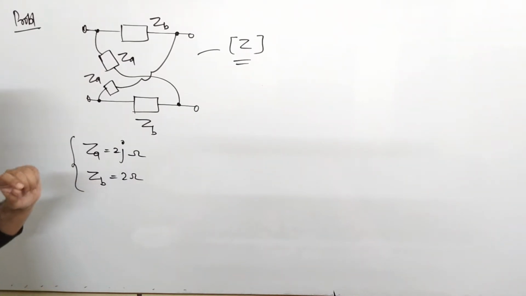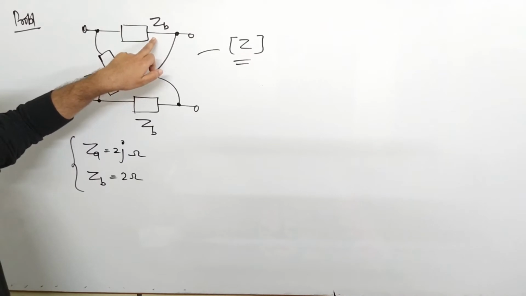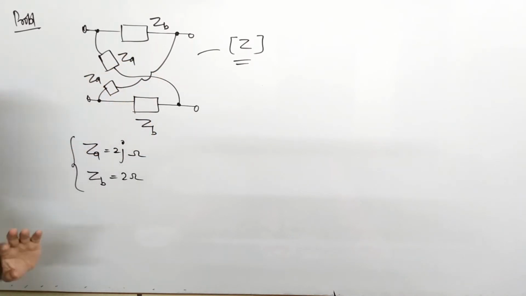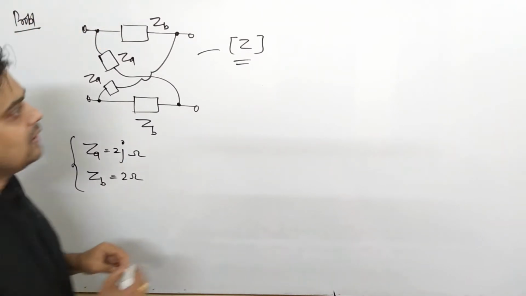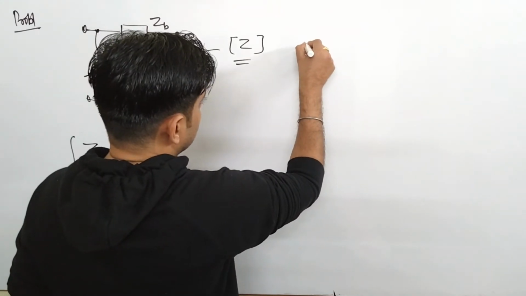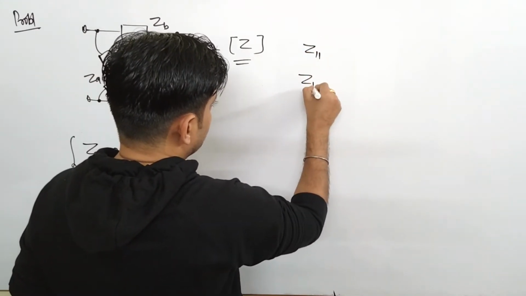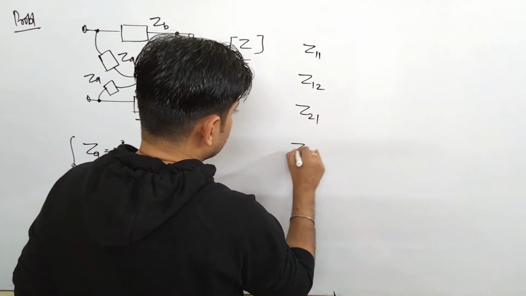And a very important thing: the impedances mentioned here are ZB and here it is ZA. We have taken in our previous session this impedance as ZA and this as ZB, and we identified the Z parameters as Z11, Z12, Z21 and Z22.